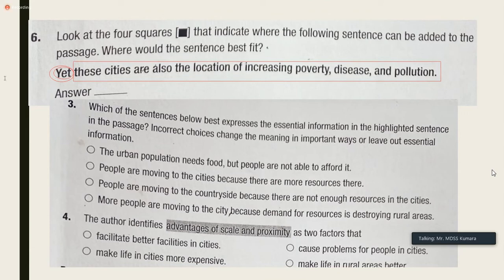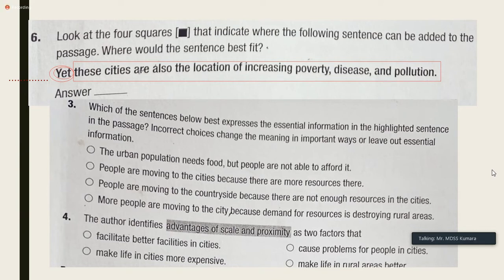Grammatically also it is a coordinating conjunction, and a clause beginning with yet is used in contrast to what is said in the previous clause.